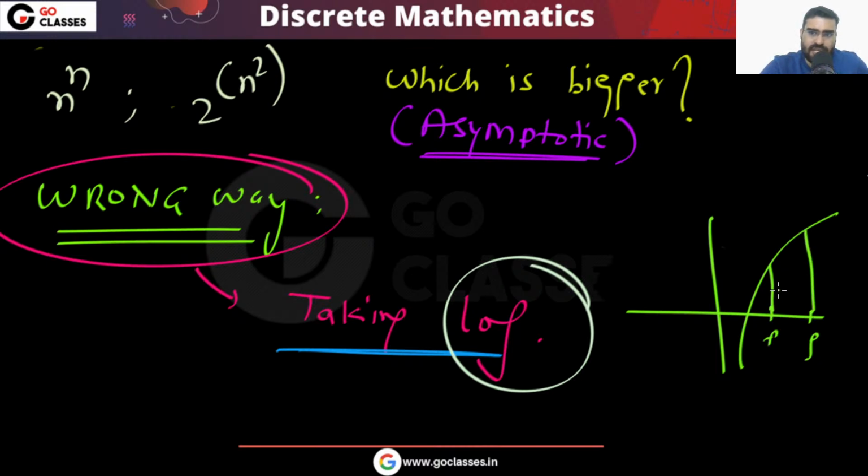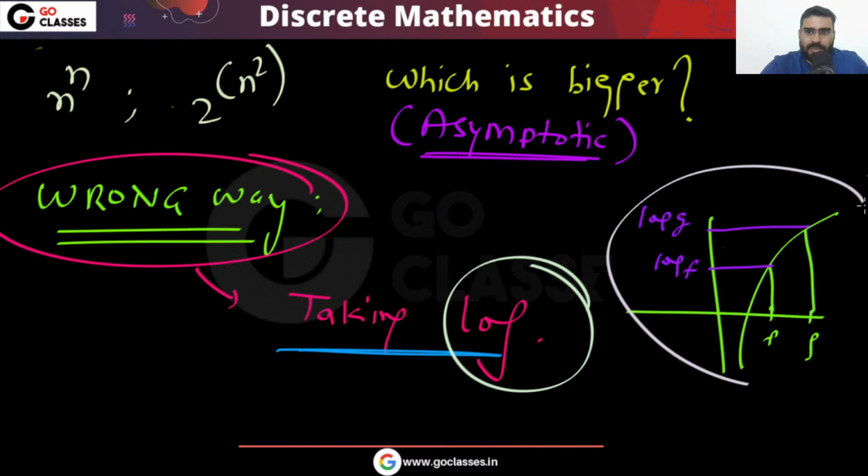But the point is that you cannot do the asymptotic comparison this way. Taking the log is the wrong way to do asymptotic comparison.